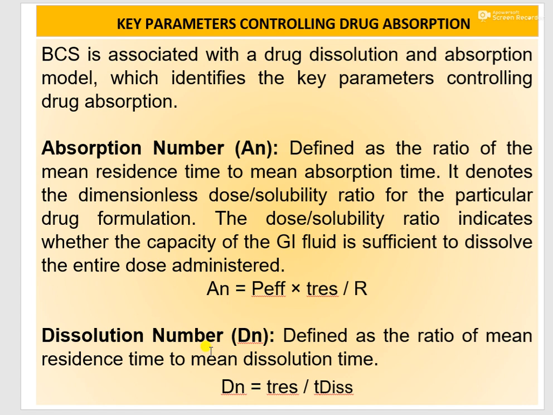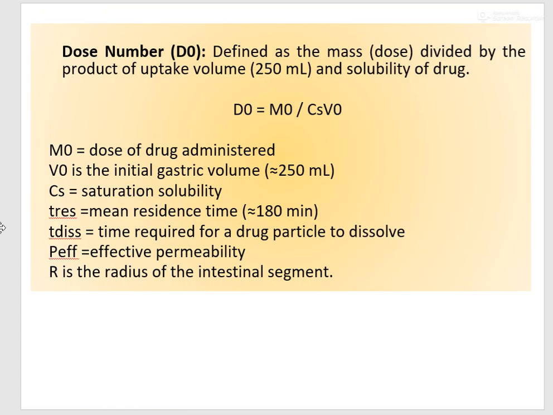Now the next definition is the dissolution number, denoted by DN. It is defined as the ratio of mean residence time to mean dissolution time. So DN is equal to mean residence time upon mean dissolution time. Last is the dose number, denoted by D0.